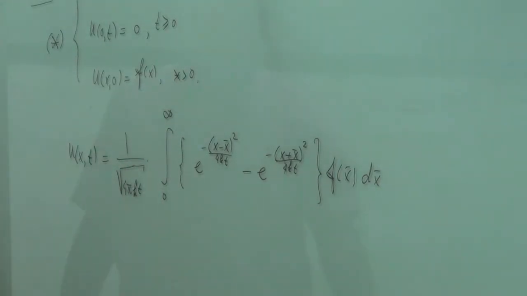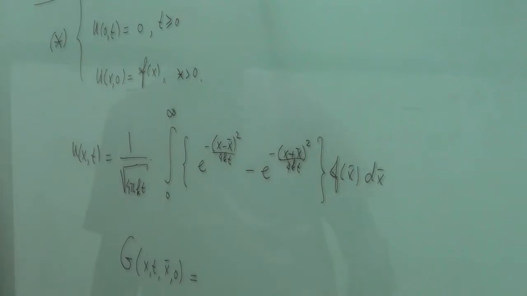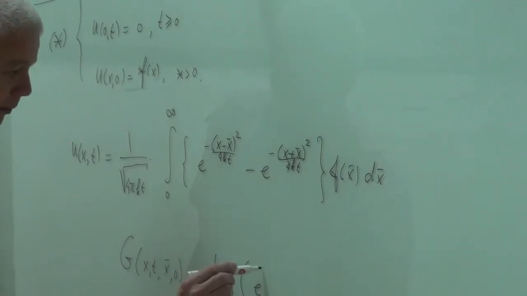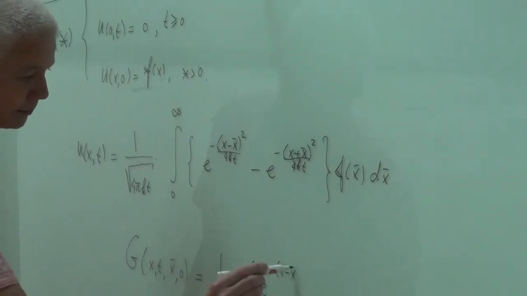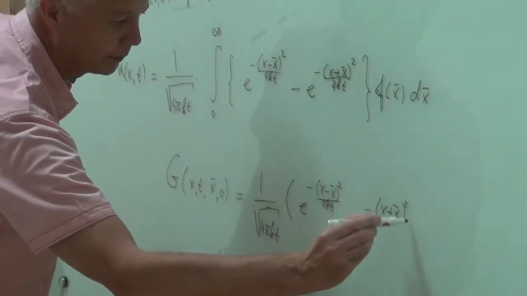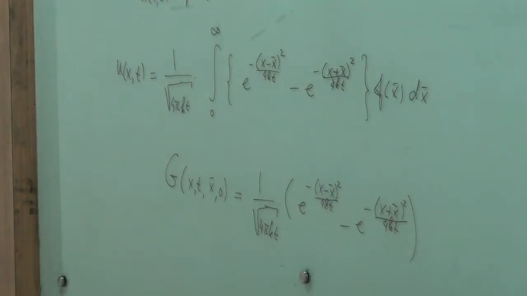And I can also see what my Green's function is, because my Green's function G(x,t; x bar, 0) is equal to 1 over the square root of 4 pi kt times e to the power minus (x minus x bar) squared over 4 kt minus e to the power minus (x plus x bar) squared over 4 kt. And here I have my Green's function.